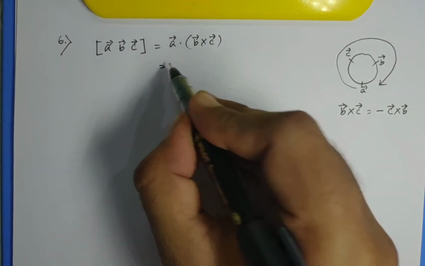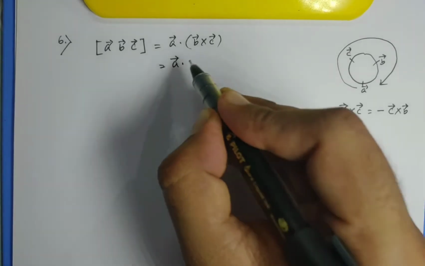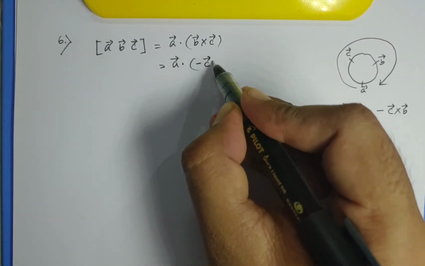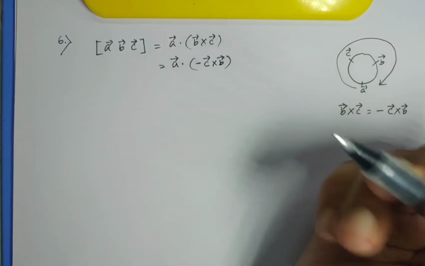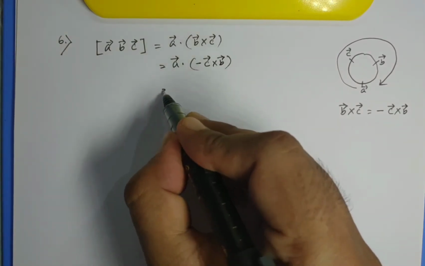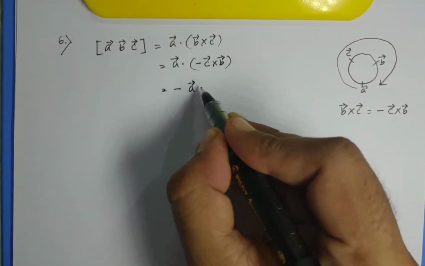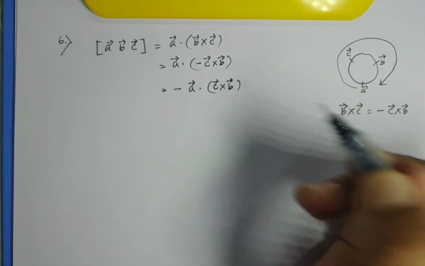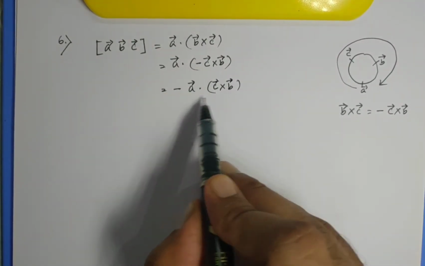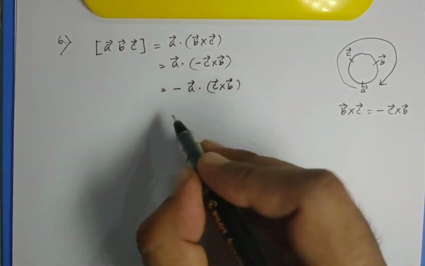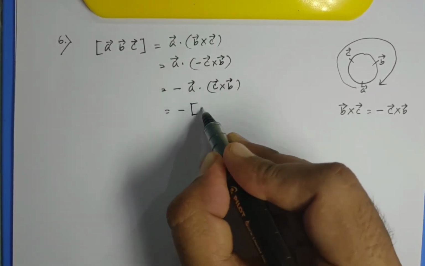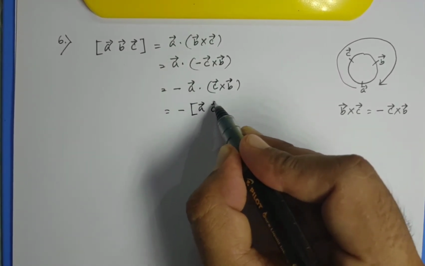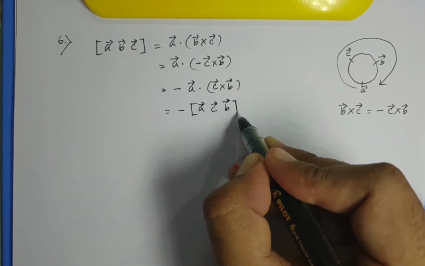So in place of B cross C, I will write minus of C cross B. Now let's take the minus out. So what I get is A dot C cross B. Now this whole thing is just a scalar triple product, so it is ACB.